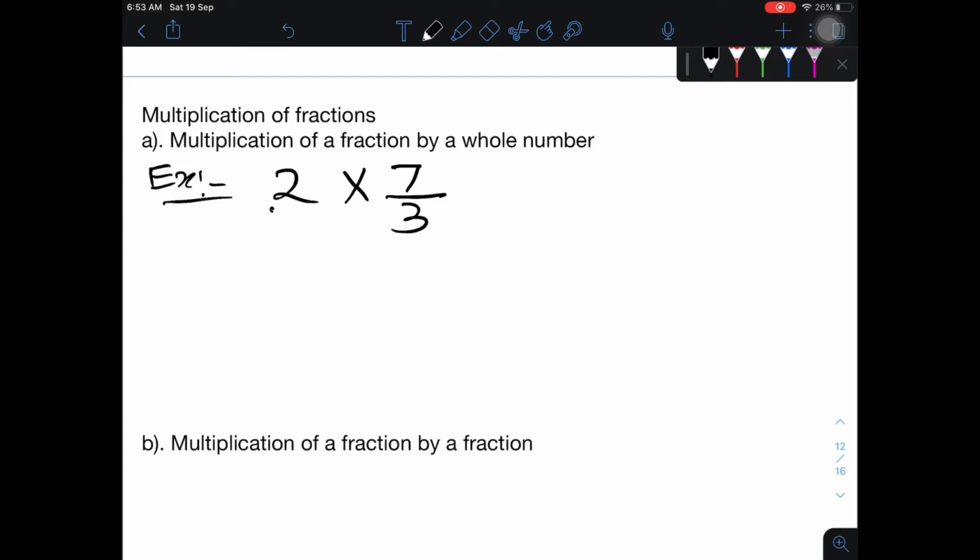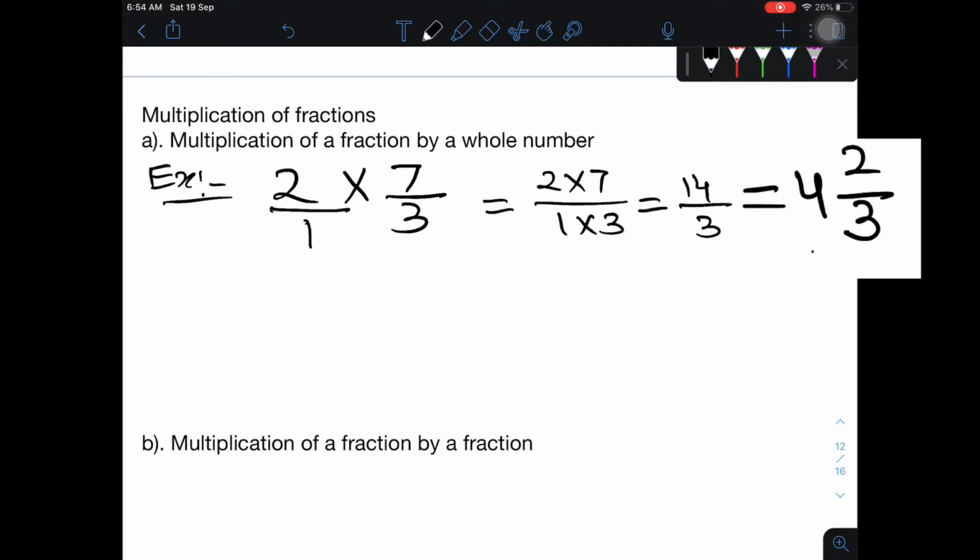So write 1 in place of denominator and just simply multiply numerator to numerator, 2 into 7, and denominator to denominator. 2 sevens are 14 and 3 ones are 3, and convert it into a mixed fraction.